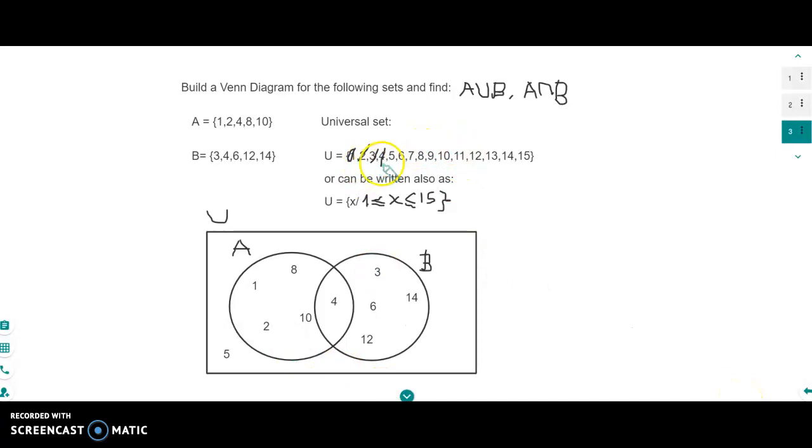Let's continue with 6. 6 is already in B, so we don't need to write anything.